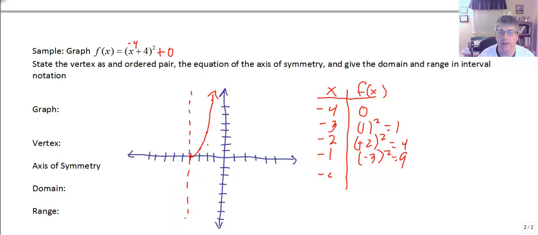So if I go to -5, well, that's the same thing as -3, isn't it? -5 plus 4 is -1 squared, and I get 1. And -6, well, I can just copy my reflection here, -2 squared is 4.